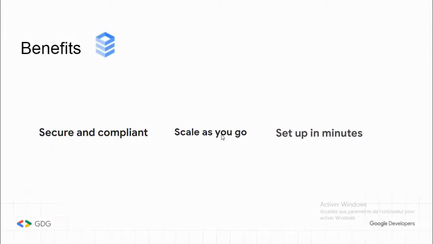Here, Cloud SQL offers you the possibility to scale your instance effortlessly with a single API, whether you start with simple testing or you need a highly available database in production. The third point is setup in minutes. Here, the standard connection drivers and built-in migration tools allow you to create and connect to your first database in just a few minutes.